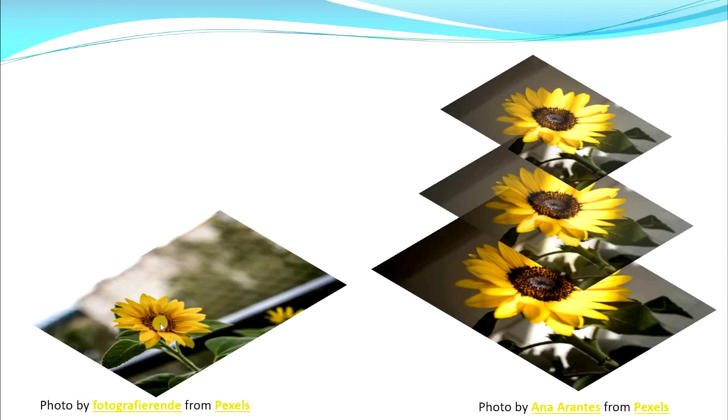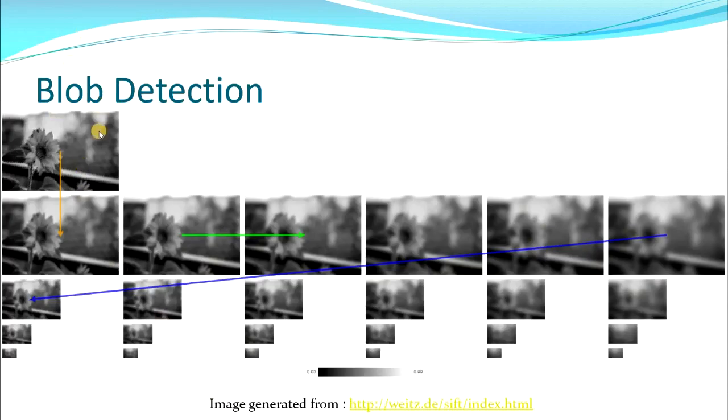Now I was talking about the features. I said that there'll be some features over here which will get matched to features over here. So what will these features be? Those features are nothing but blobs. So what are blobs? Blobs are these circle kind of things. The black dots or black circles that you can see over here are examples of blobs. Even this white patch over here can also be called a blob.